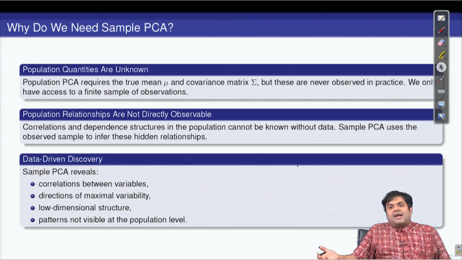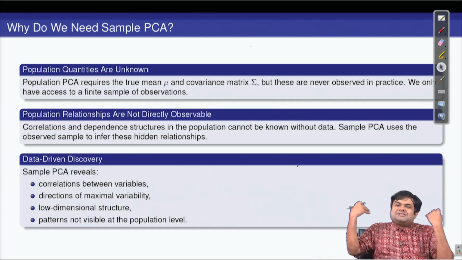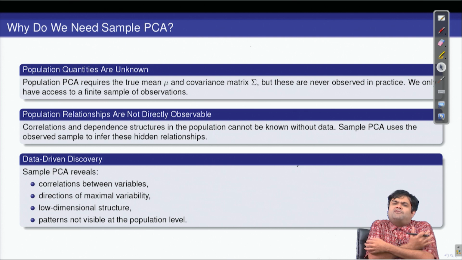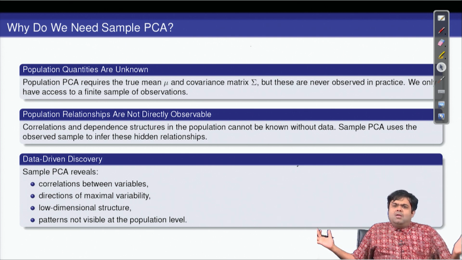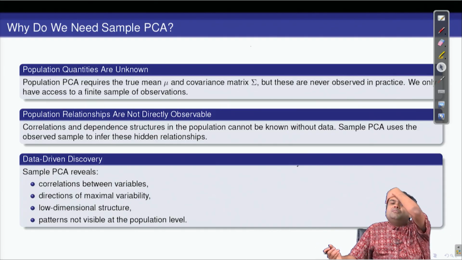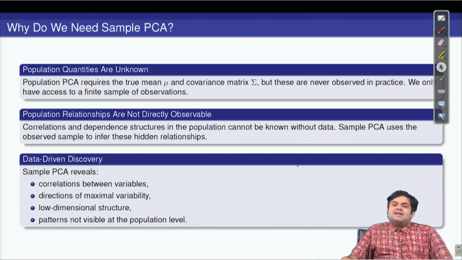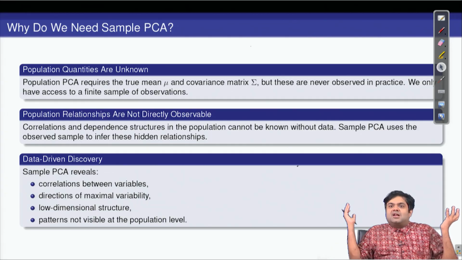You may not have access to anything more than one sample. One way you can get a better estimate is if you can keep sampling. If you have a really huge sample, then, because a very large sample tends to become the same as the population, maybe you can get a better idea, but often your sample will not be as large as you want.